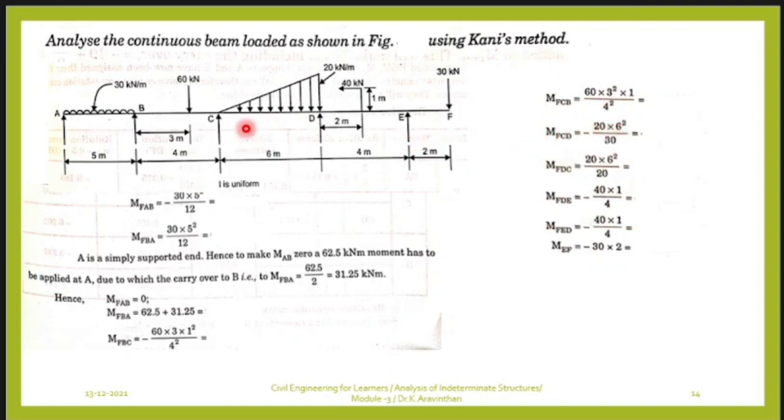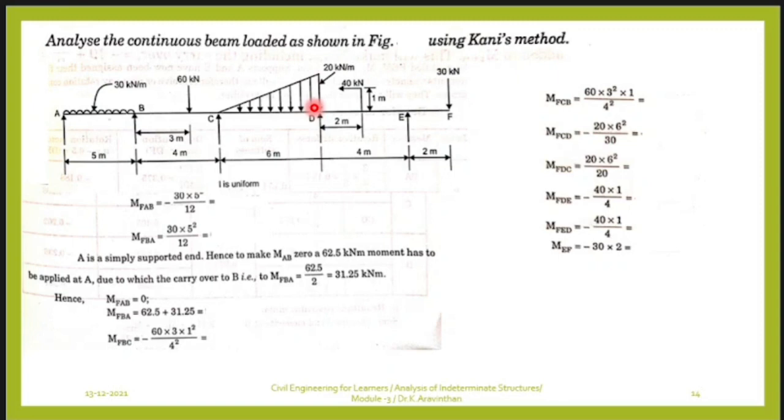If you have a triangle which has the peak at one end, and C is the other end, then at C you will be having WL square by 30, and where you are having the peak intensity, at that point you will be having WL square by 20.